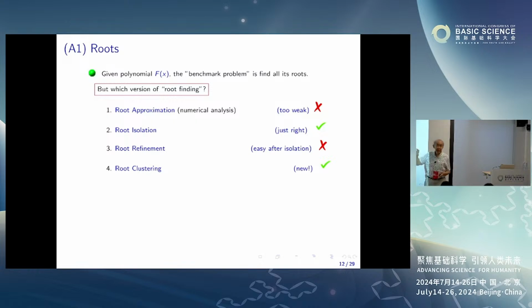No, sorry, root isolation. A disk that contains, if there are multiple roots, but you have to tell me the multiple root. And once you want arbitrary, fairly, so we don't even talk about that.